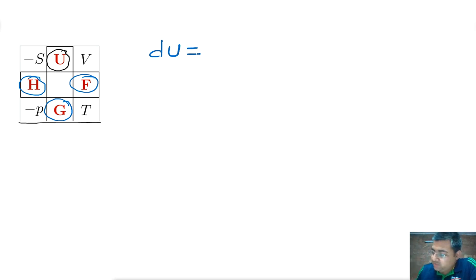So in this case for u, the opposite corner elements are P and T. Okay, so we will write this P and T, but P has a negative symbol, so minus P, and here we have T. Now you started with P and T. P has a negative symbol, T has a positive symbol.